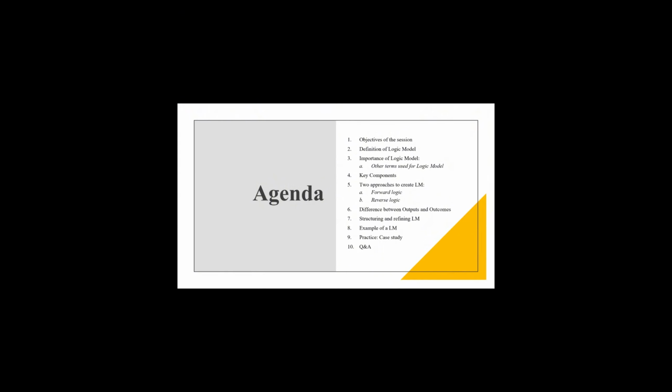We will also go over the key components of the logic model and the two different approaches you can use to develop a logic model. One interesting thing I wanted to include is the difference between outputs and outcomes. You're going to see that in the logic model, because most of the time people working in the field cannot tell the difference, or they are really confused about outputs and outcomes. And then we will review the steps to structure and refine a logic model.